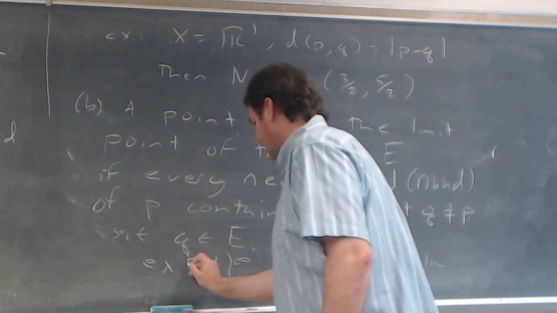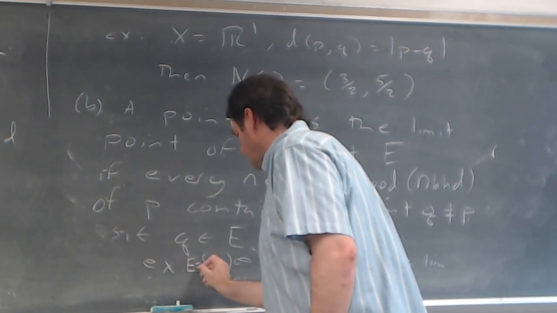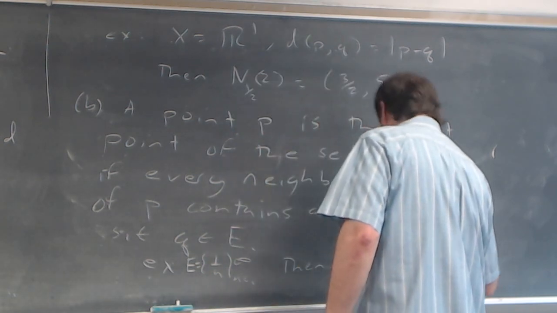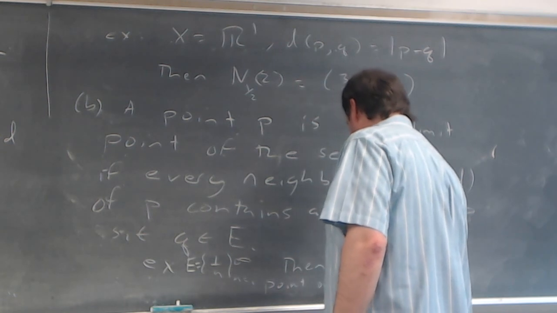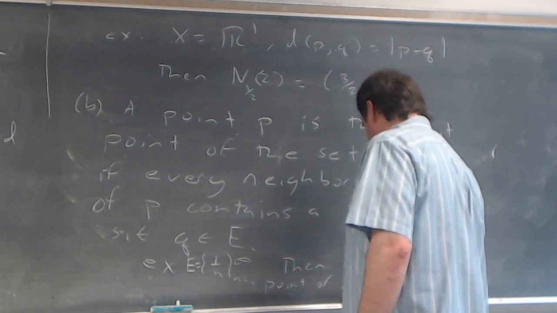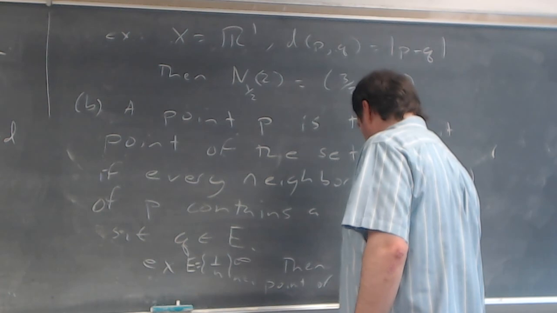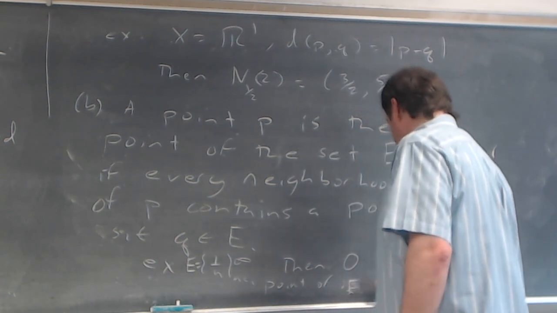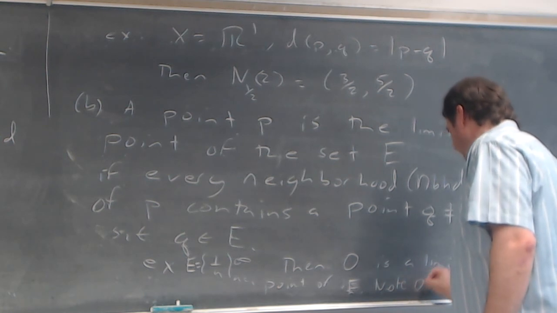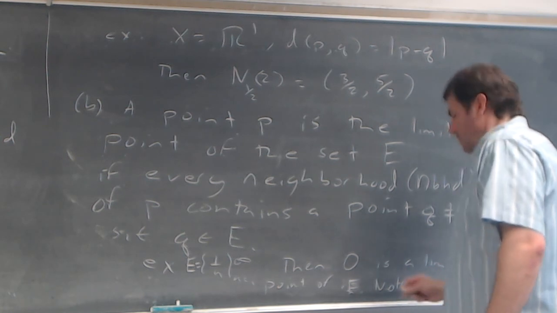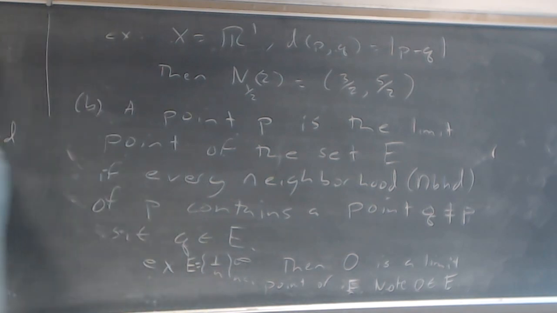So this is my set E. But I want to tell you that you can note that 0 is not in E. So a limit point doesn't have to be in the set. It can be in the set, but it doesn't have to be.